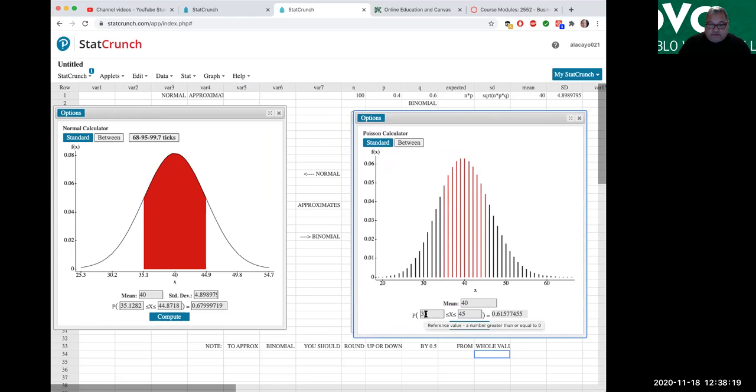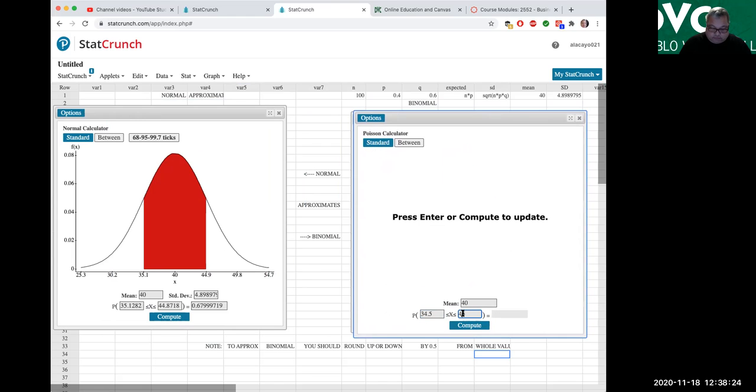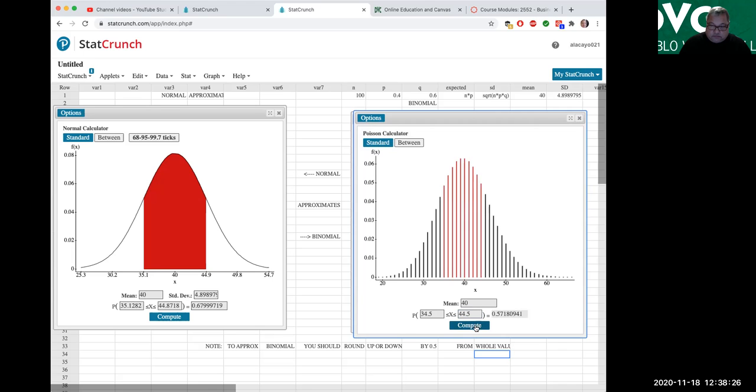Now, if I approximate things by 1/2 a unit again, I get an estimate, though not as good necessarily.